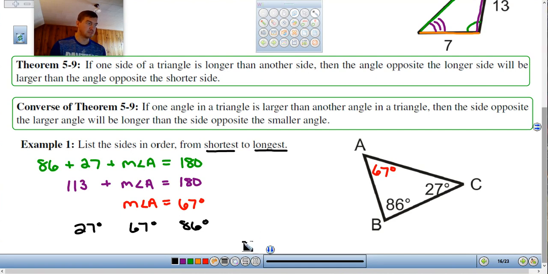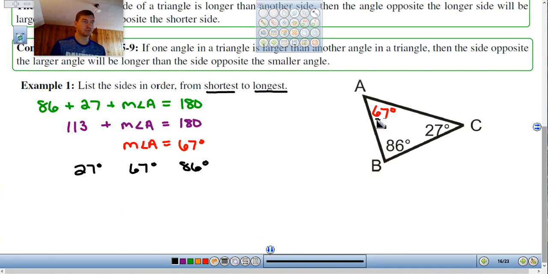What this does is it gives me my order. Since those are the numbers I'm going to be using, I just need to associate the side with that angle. And 27 is associated with AB. So that means AB is the shortest side. 67 is associated with the side opposite of it, which is BC.